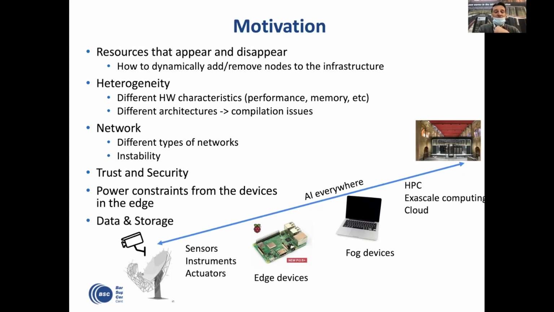So we have to deal with this dynamicity of availability of the resources. Again, in the same deployment, we have heterogeneity of resources. You can see in this picture a small device like a Raspberry Pi with its own architecture, but then you can move the computation to a laptop, so another architecture, or to an HPC cluster such as MareNostrum. So we are crossing different types of network, unstable connections across the devices, and different policies of trust and security.